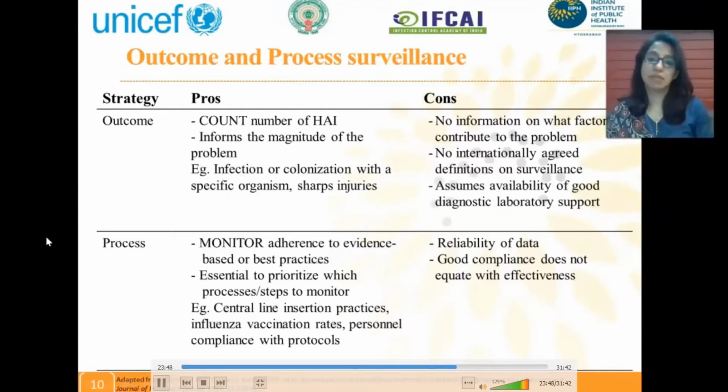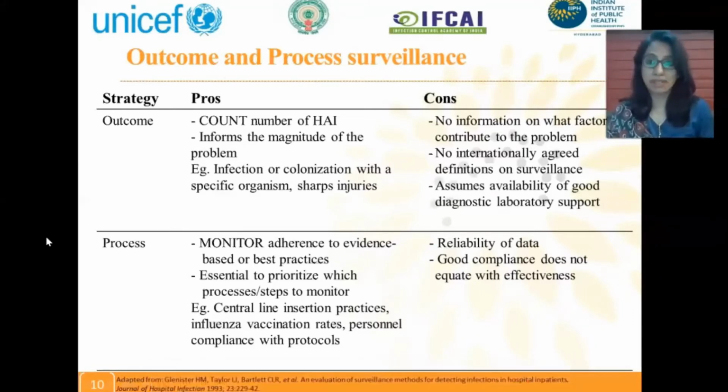However, at the same time, if you can focus on the processes part of surveillance, you can still manage to do surveillance of key practices and intermediate steps and control for hospital acquired infections. The pros of the process based surveillance system is that you can monitor the adherence to the practices, the evidence based practices, right?